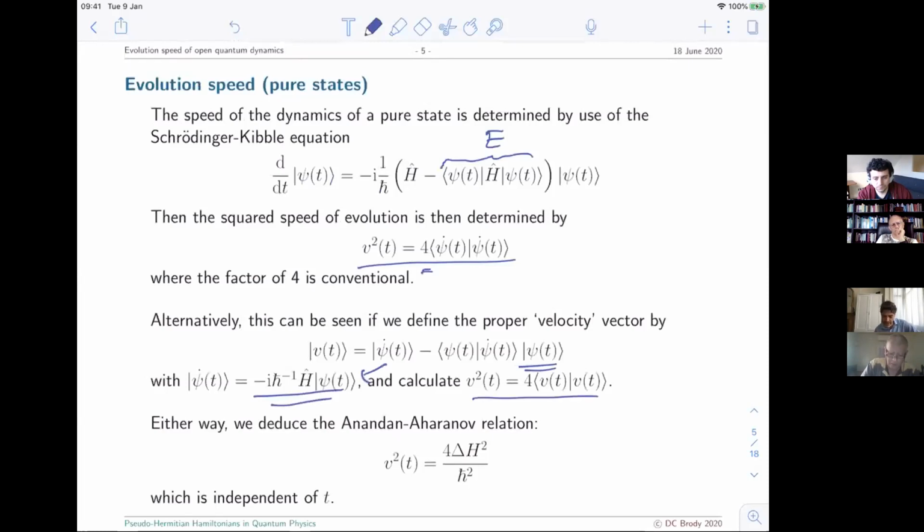In either way, from this representation, it becomes immediately apparent that if you take the square of that vector, then you have ψ and the (H minus its average) squared ψ. So that gives you the uncertainty in the Hamiltonian, and this is known as the Anandan-Aharonov relation, that the squared velocity of the state is given.